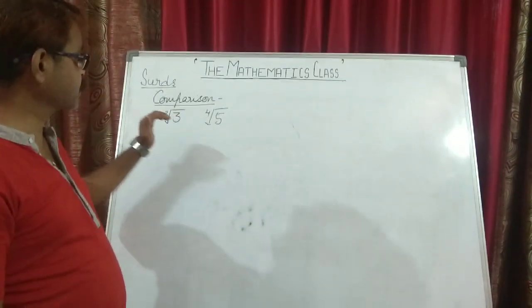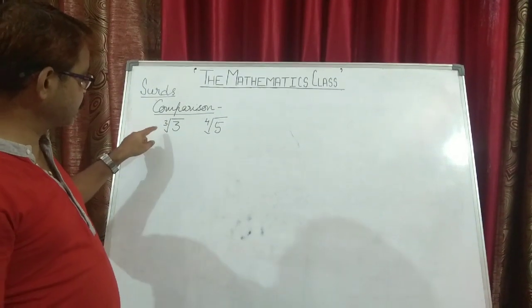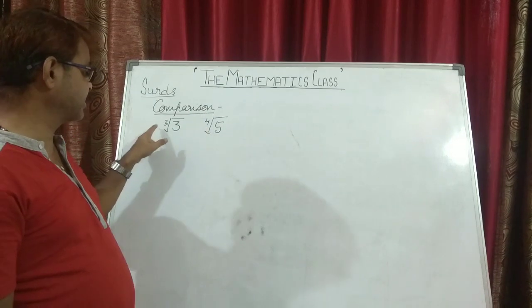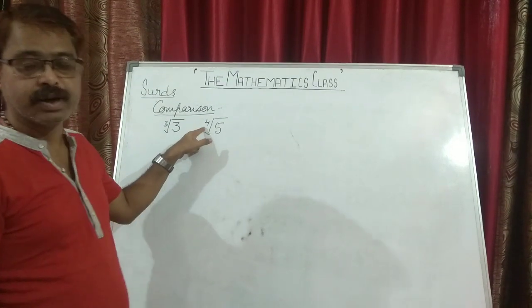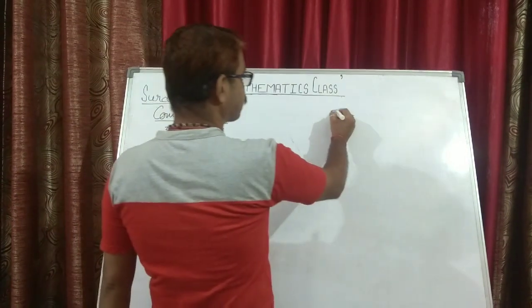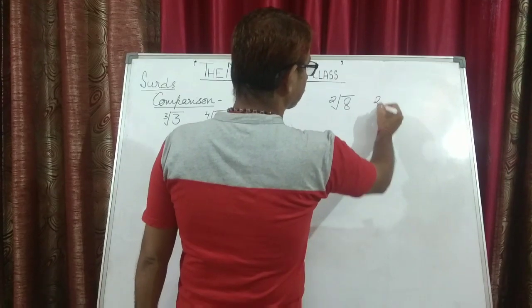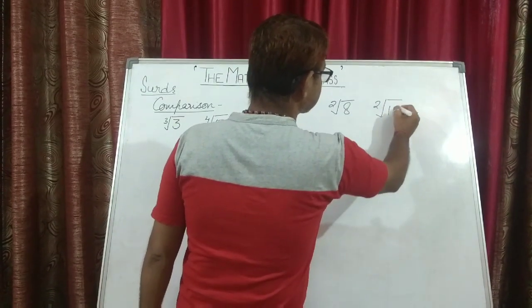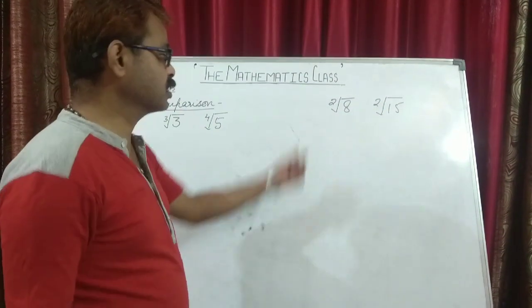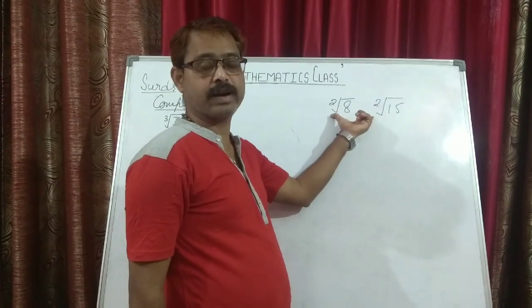Now the next thing is how to compare the surds. Now in this you can see that the index is different. This is cube root, this is fourth root. If the index would have been the same, suppose I say square root of 8 and square root of 15, then it is quite easy because this is of second order radical sign.